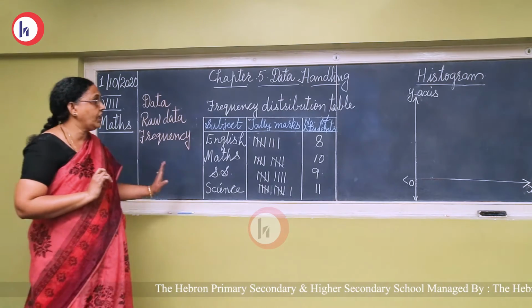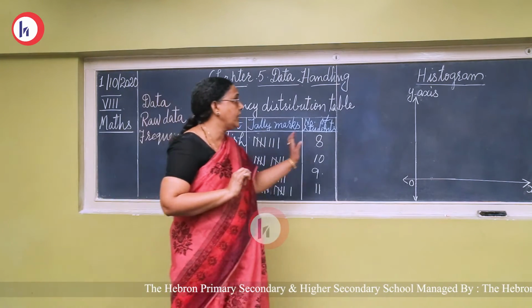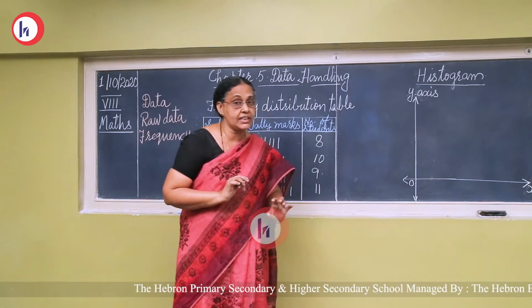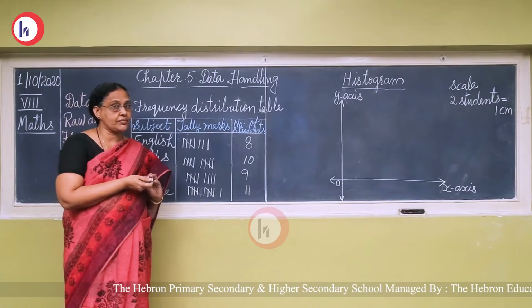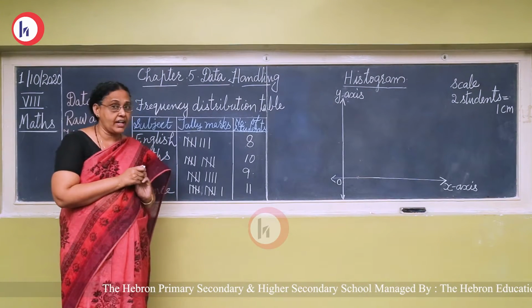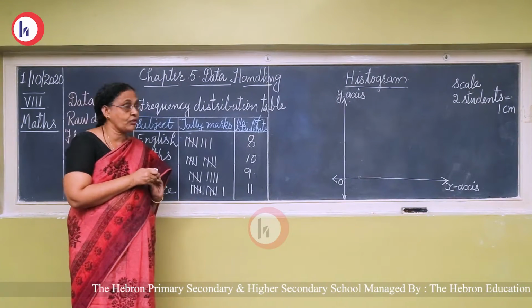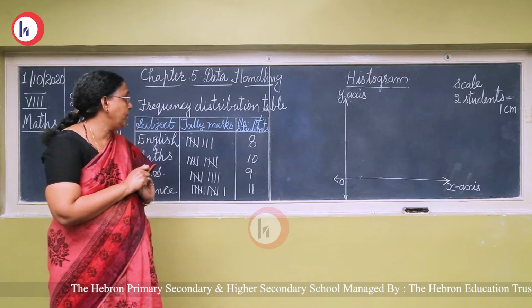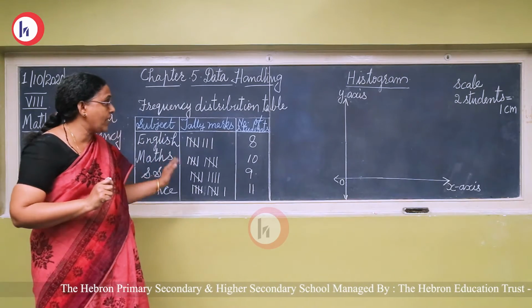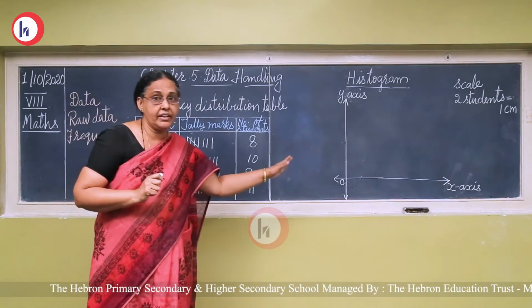Now the same thing we can even show in a graph. In the 7th standard we learned different types of graphs, pictograph, bar graph, and here we will learn one more, that is a histogram. Now how can you show these tally marks in a graph?